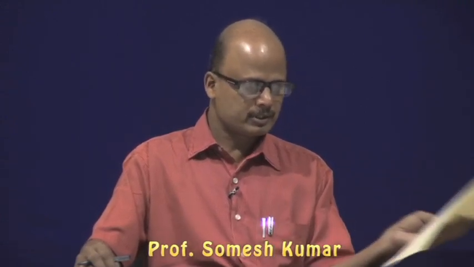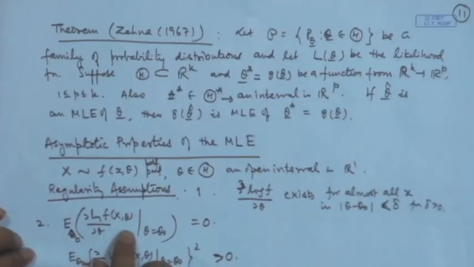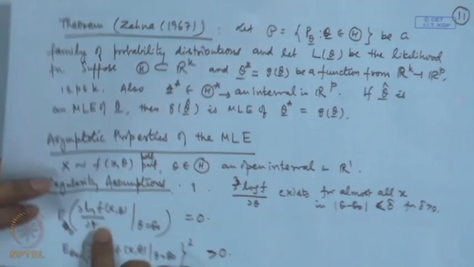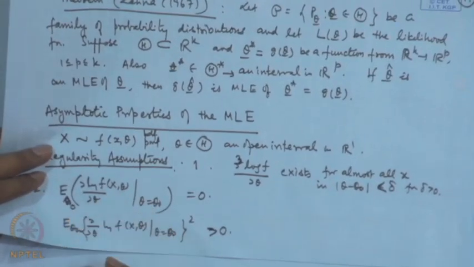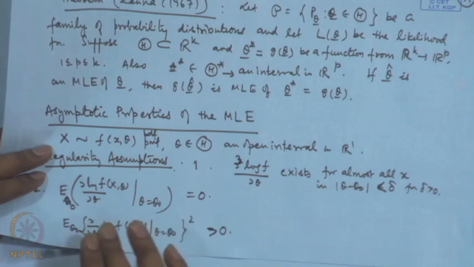The proofs of these results are not very difficult. Actually, they use the laws of large numbers and the central limit theorem at various points. I am skipping the proof here, and what is more important is that this is true under fairly general conditions. For example, these assumptions are true for say binomial distribution, Poisson distribution, normal distribution, gamma distribution.